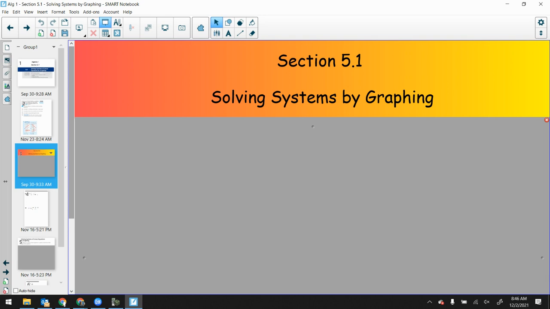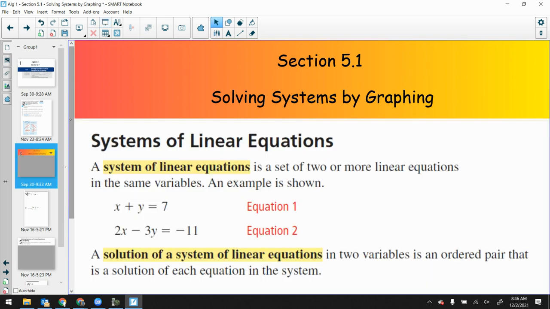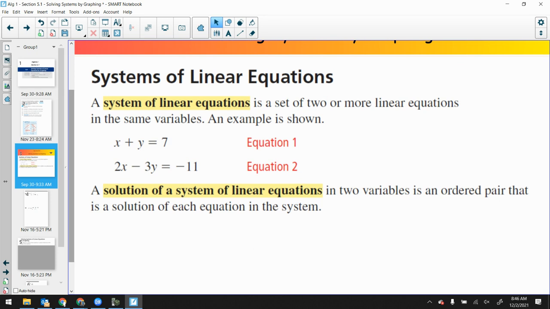So chapter 5 is all about systems of equations and how we solve systems of equations. So first off, what the heck is a system of equations? I guess I got to hand out the guided notes too, but this isn't even on your guided notes, so I'll do that while I'm talking here. By definition, a system of equations is a set of 2 or more linear equations with the same variables.